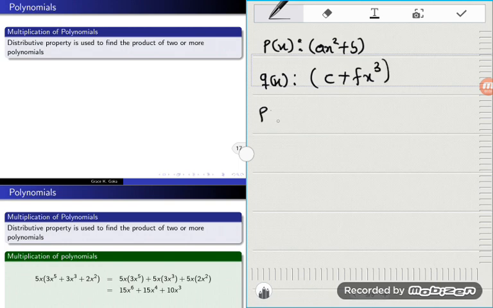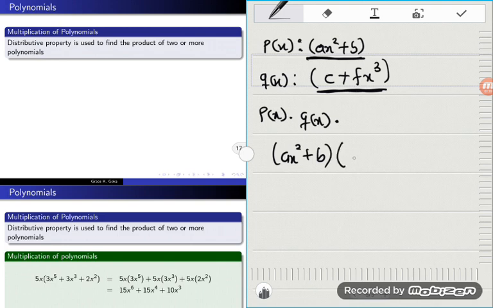Then to multiply p of x by q of x means distribute each and every item of the first polynomial, which is p of x, over each and every member of the second polynomial, which is q of x. So this becomes ax squared plus b times c plus fx to the power 3.